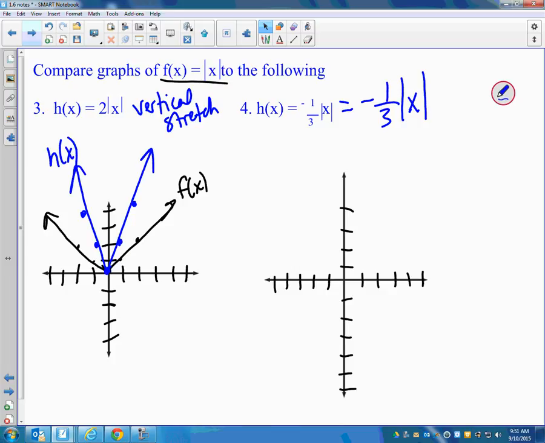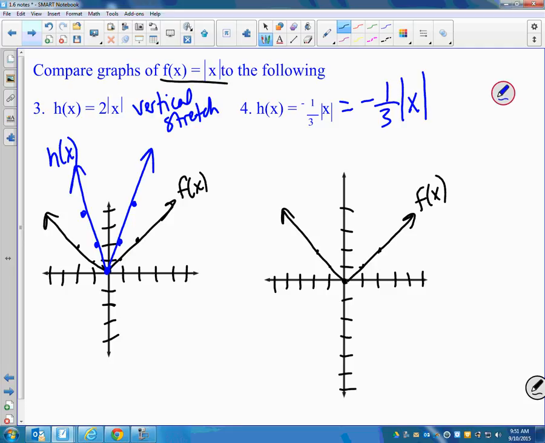So we could, again, I'm going to make this same graph here. Normally, this is my parent graph. Because this is less than 1, this should be a vertical shrink.